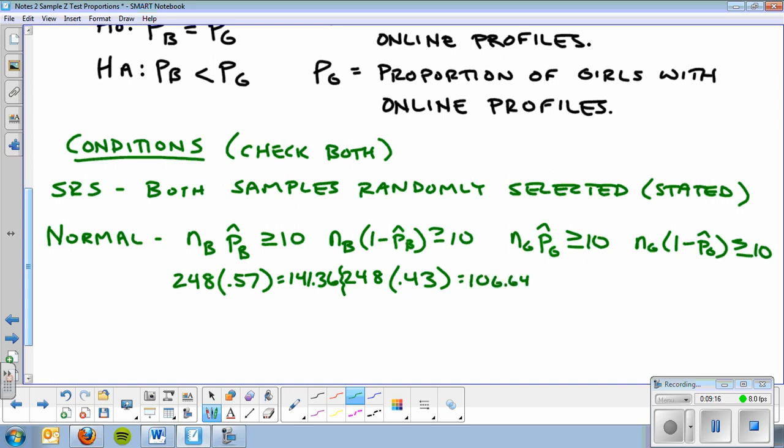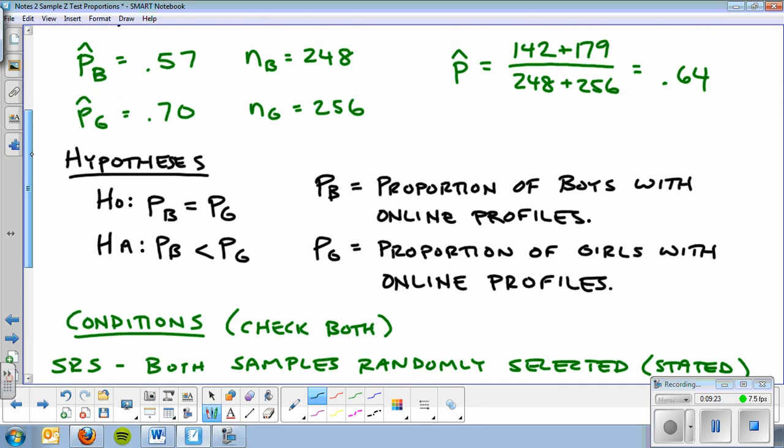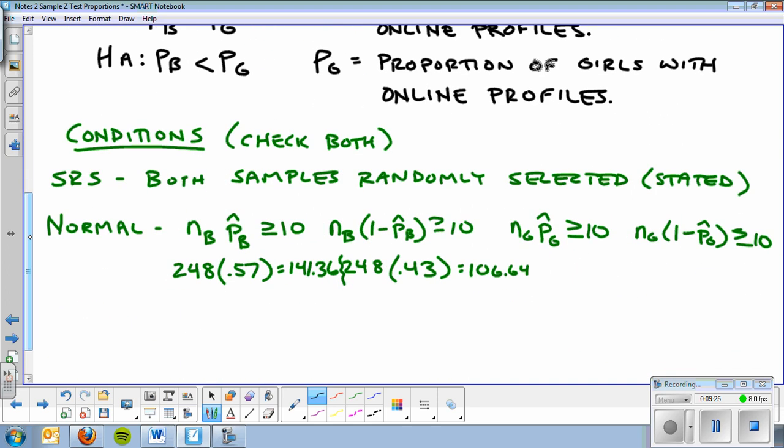Both of those are good. I'm going to write in a different color over here. So we have 256 girls and 70%. So 256 times 0.70 equals 179.2, and 256 times 0.3, 1 minus, gives me 76.8.